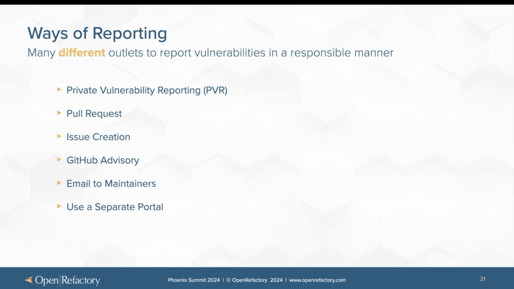Finally, in some cases, the security.md file maintained by the maintainers asks you to report the vulnerability directly by email or report in a separate portal like BugCrowd or HackerOne. In each of these cases, we followed the norms and did exactly what the maintainers wanted us to do.